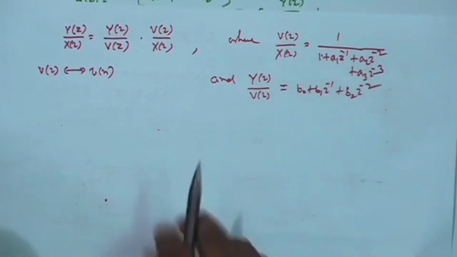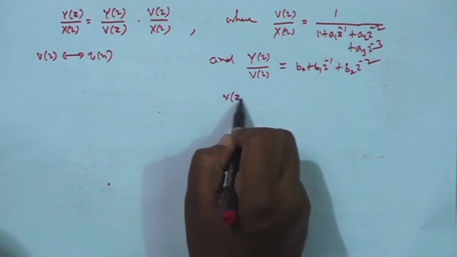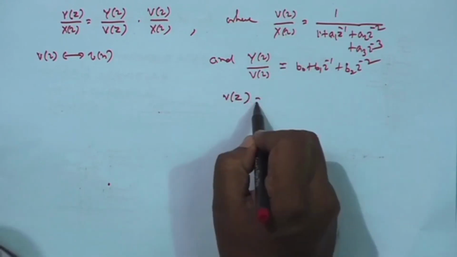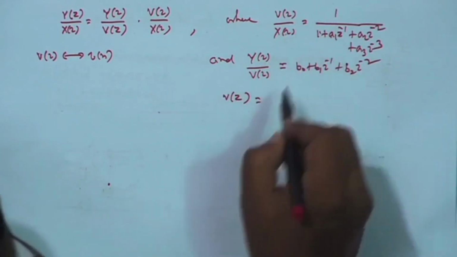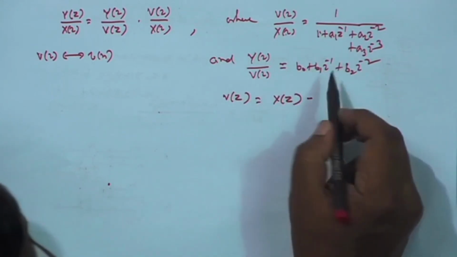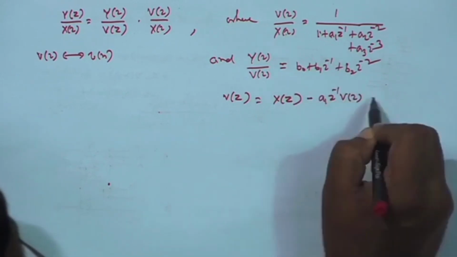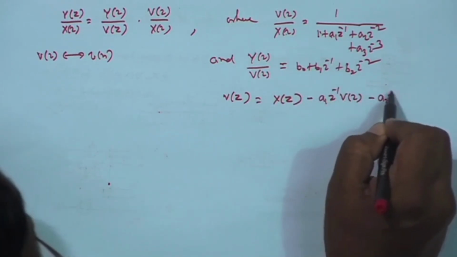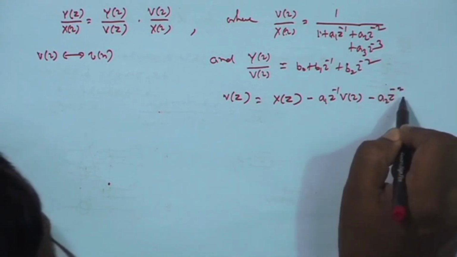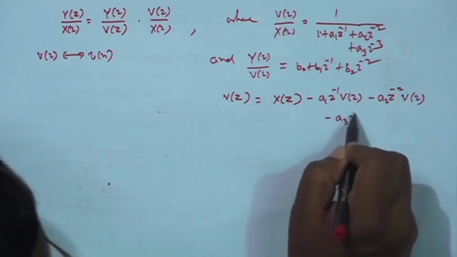So, there is minus. So, it is like this, V(z) into 1 you keep on one side, on the other side you have X(z) into 1, so X(z) minus A1 Z inverse V(z) minus again V(z) minus A3 Z inverse 3 V(z).